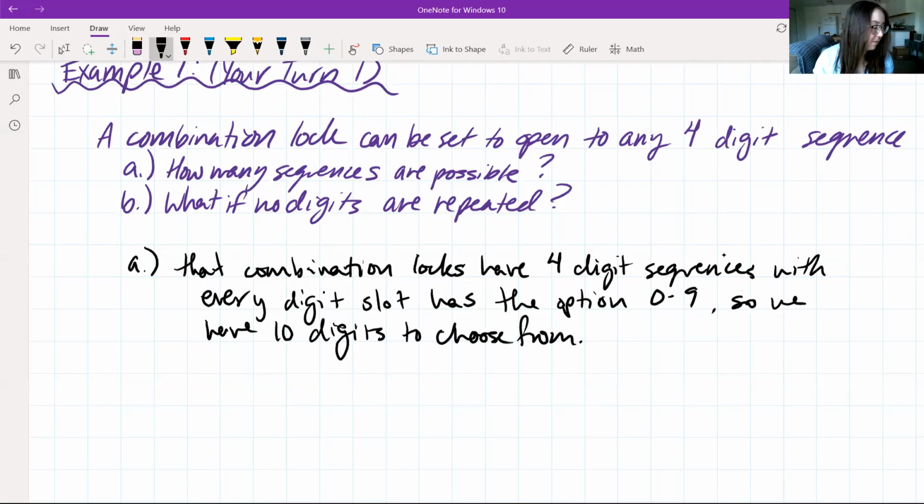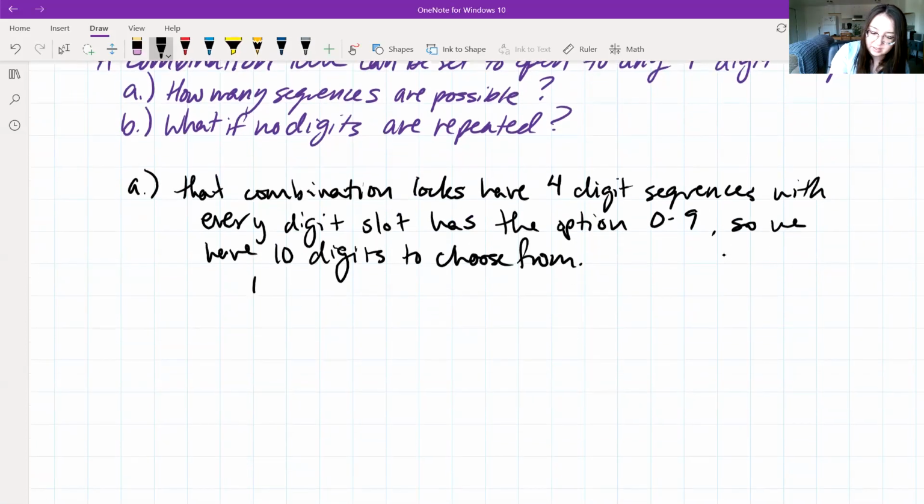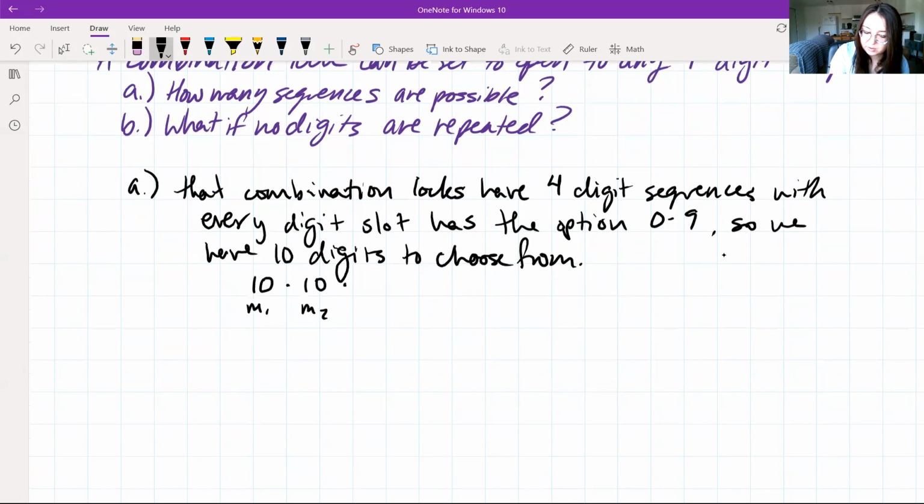So we end up having 10, which is m1, times 10, which is m2, times 10, which is m3, times 10, which is m4. In this 4-digit sequence, each slot has 10 different options, and we don't care about repetition, just any number. So we end up with 10 times 10 times 10 times 10.